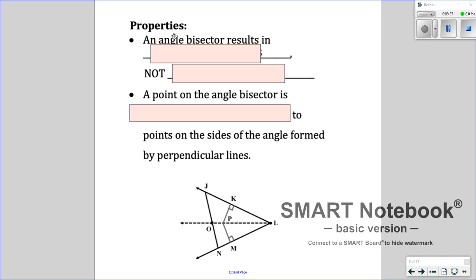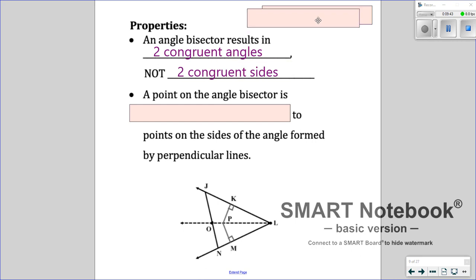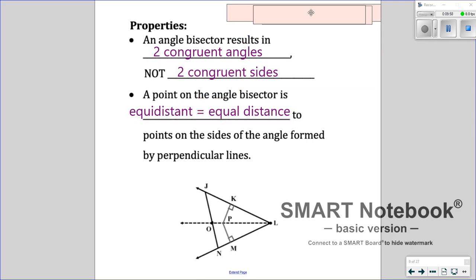So the properties of an angle bisector result in two congruent angles, not two congruent sides. Because you hear the word angle bisector, you're cutting the angle into two congruent angles, not sides. A point on that angle bisector is an equal distance to the sides of the angle, measured along the perpendicular line.